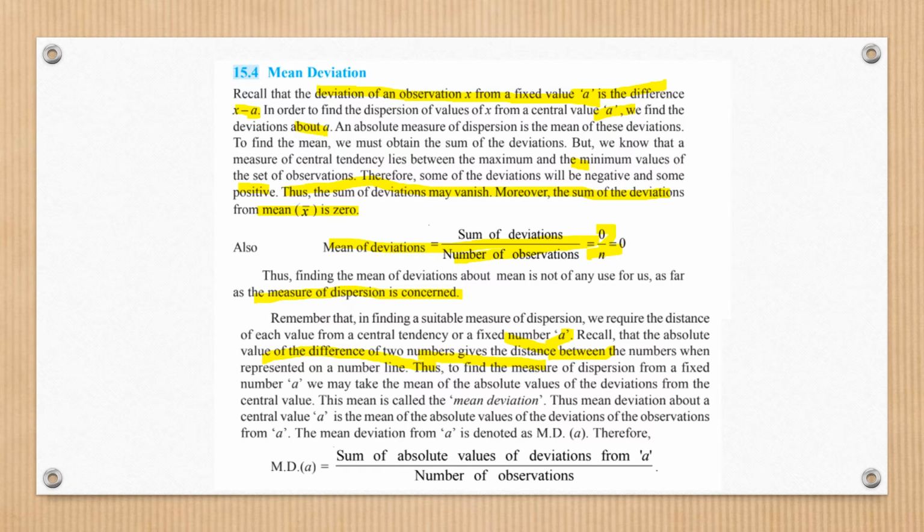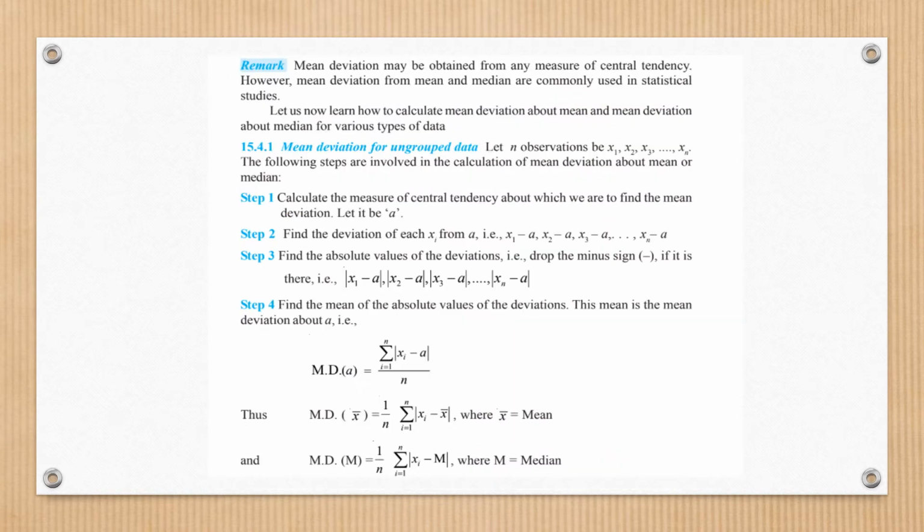So I need to consider the absolute value. This mean is called the mean deviation, the mean of absolute values. So the mean deviation about assumed mean a is the sum of absolute values of deviations from a divided by the number of observations. Mean deviation may be obtained from any measure of central tendency. It can be calculated from the mean and it can be calculated from the median.